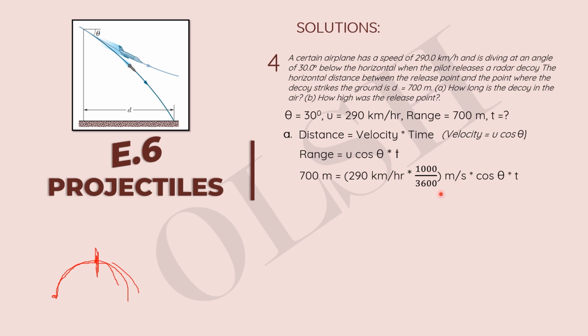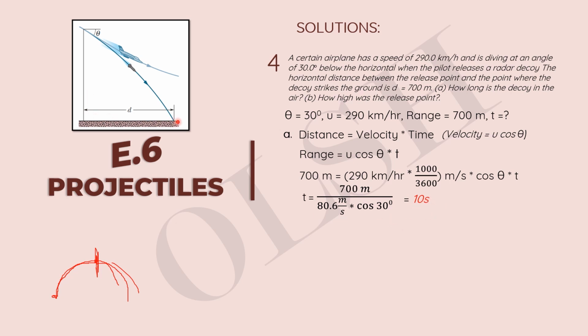Then we multiply this by cos theta, because this is the velocity multiplied by cos theta times time. We make t the subject of the formula, and we have this. If we simplify 700 divided by 80.6 times cos 30, we get 10 seconds. So it's going to take it 10 seconds to hit the ground.